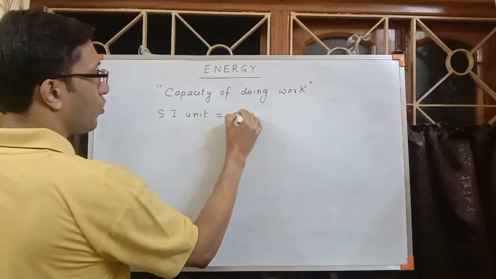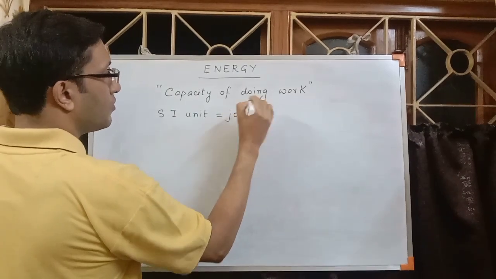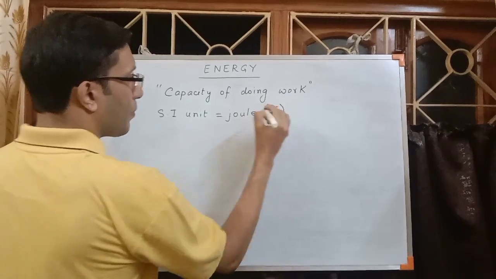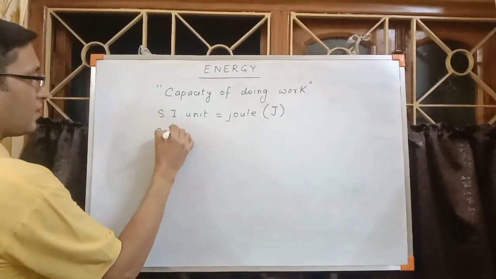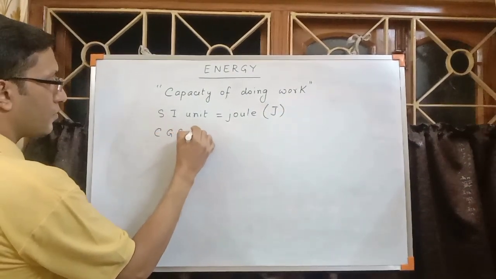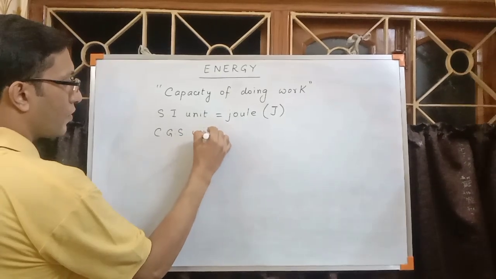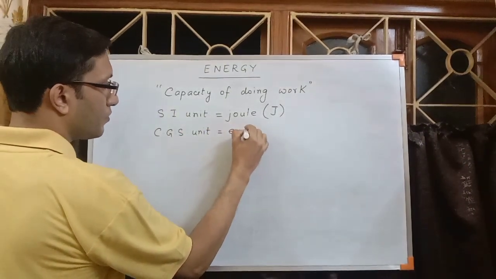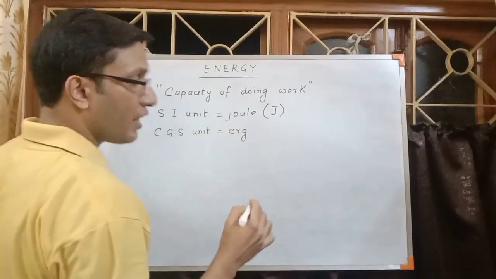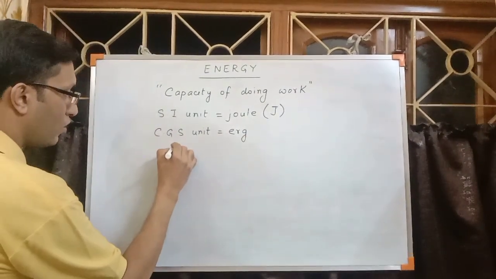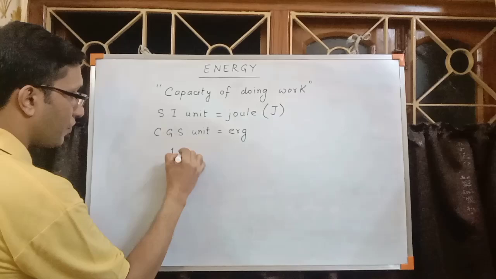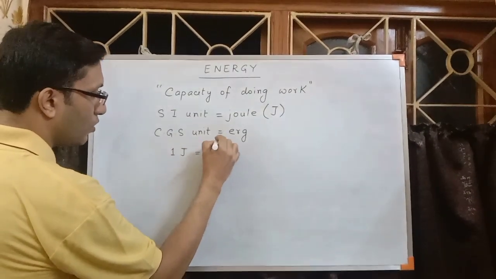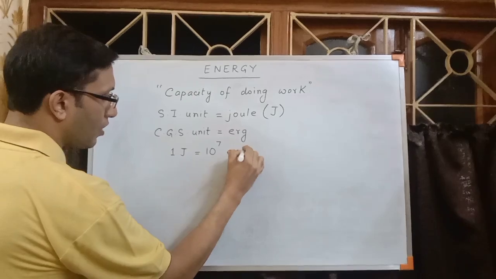The SI unit for both work done and energy is joule, abbreviated as capital J, and the CGS unit of energy is erg. As you already know the relation, I am repeating once more that 1 joule is equal to 10 to the power 7 erg.